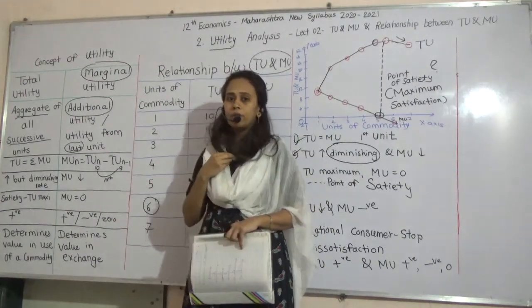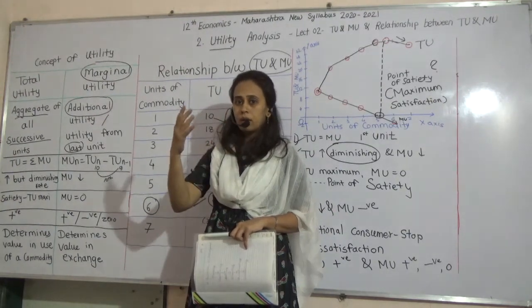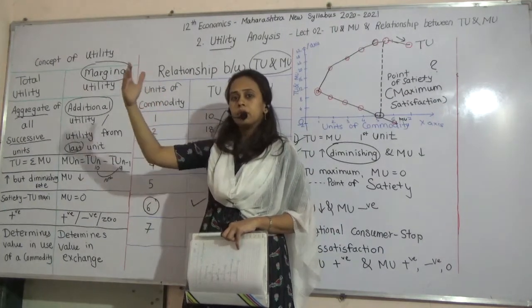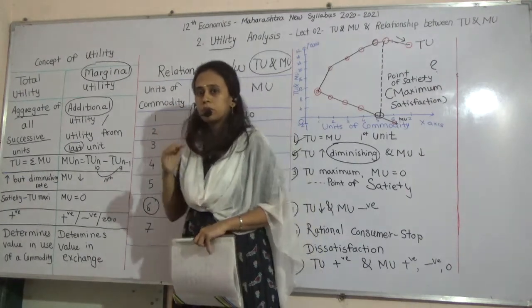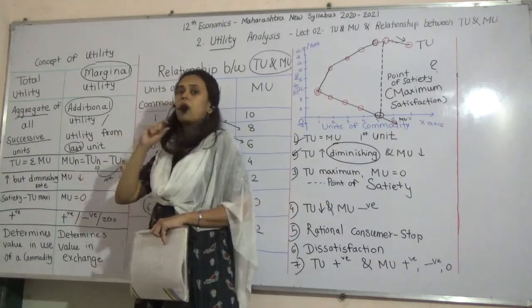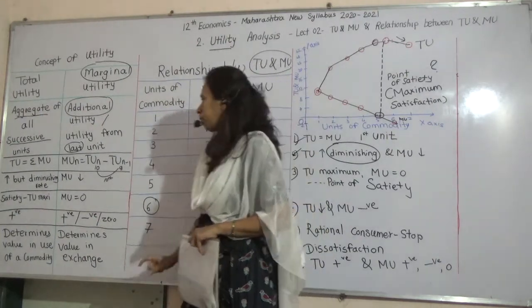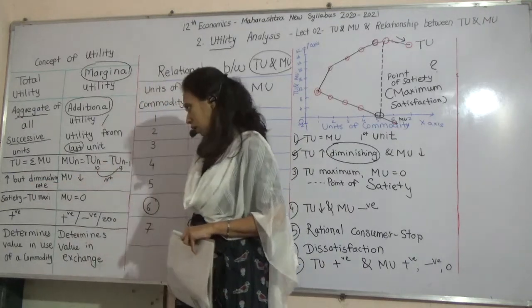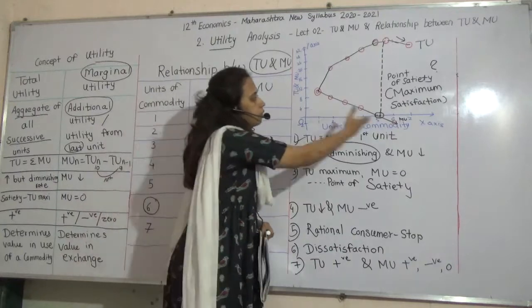For example, if I say in 5th standard I scored 70%, and in 6th standard I score 75, 76, 77, even though the percentages are increasing, that rate is very slow. So TU increases but at a diminishing rate. And MU, you have already seen, is continuously falling.